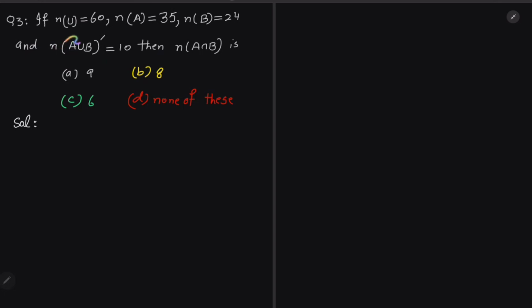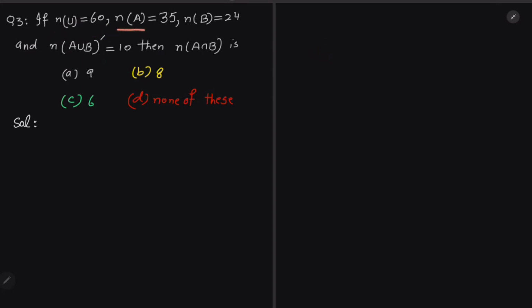The question says that if the number of elements in a universal set is 60, remember that some people write the number of elements in any set by this mod notation. This creates a bit of confusion, that's why people use n over here.